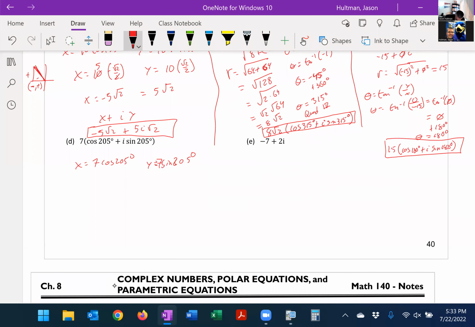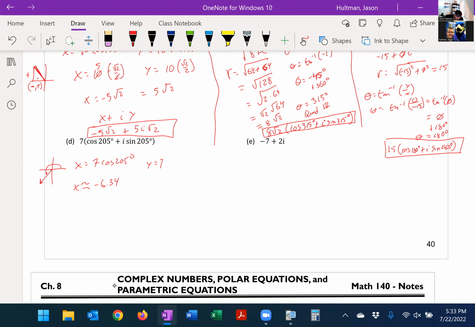So x is approximately negative 6.34. It makes sense it's negative because 205 is located in the third quadrant, so the x should be negative and the y should be negative.